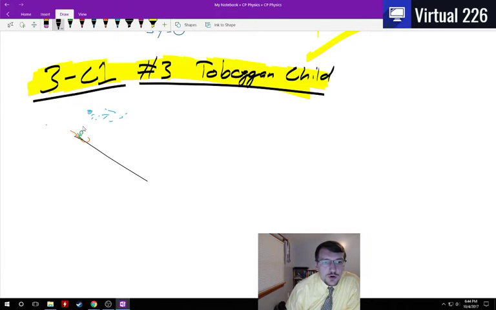Okay. So when the kid is at the top of the hill here, they have some initial velocity. And in the problem, it says that she is starting at rest. Anytime you see at rest, you know that it has 0 velocity. So if she's starting at rest, then our initial velocity is 0.